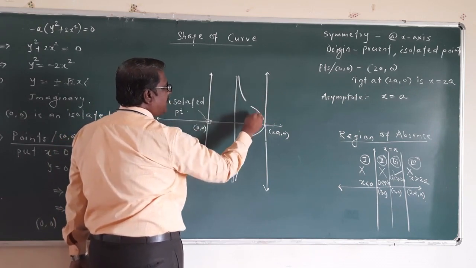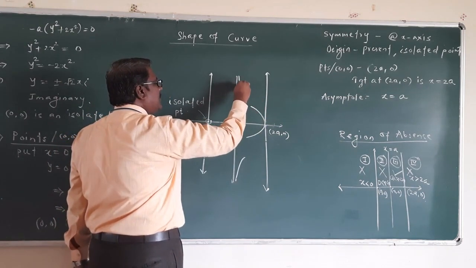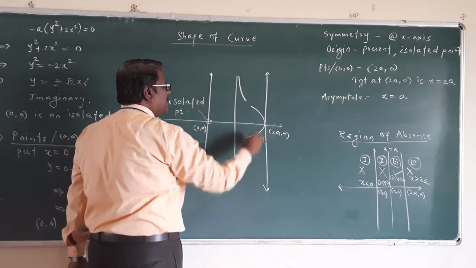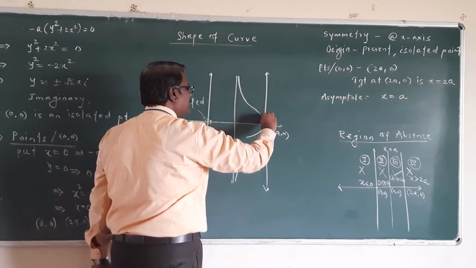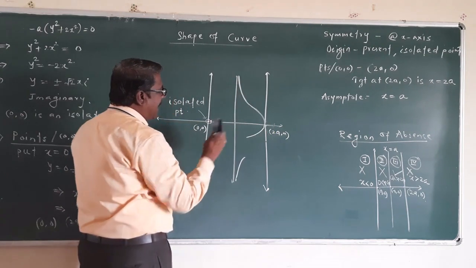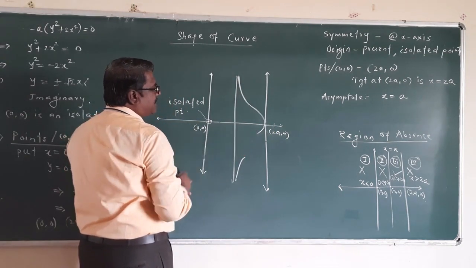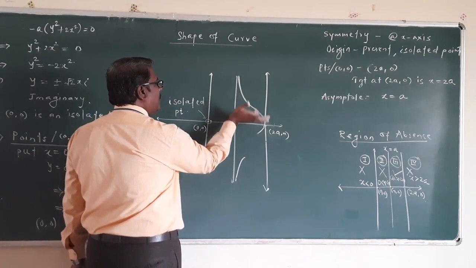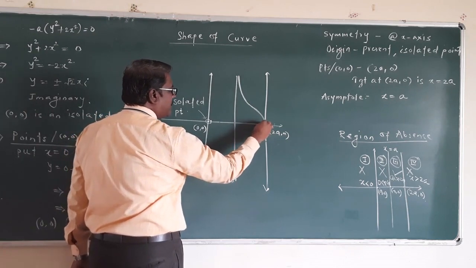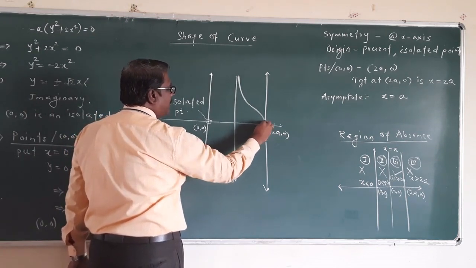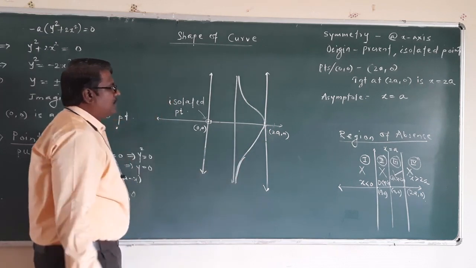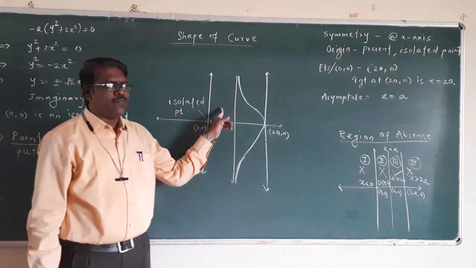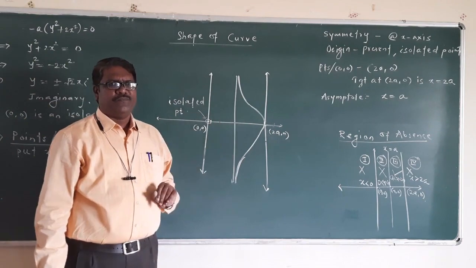Here also the curve is absent. So now we will draw these two curves in the same partition. So the shape of the curve is like this. And as it is symmetric about the x-axis, whatever we have drawn above the x-axis, the same we have to draw below the x-axis. So this is the final shape of the given curve. Okay.